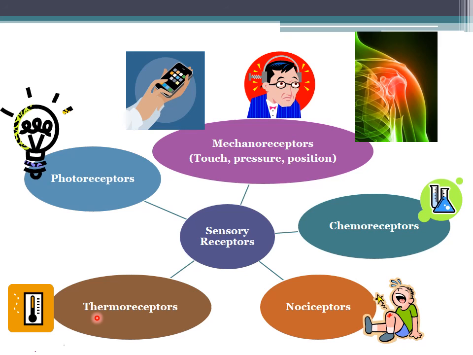However, if you touch something that's very cold, what that's going to do is it's going to activate only the extreme receptors. The warm receptors are not going to be activated by something that's very cold. And so when you have only extreme receptors being activated, this is perceived as cold.